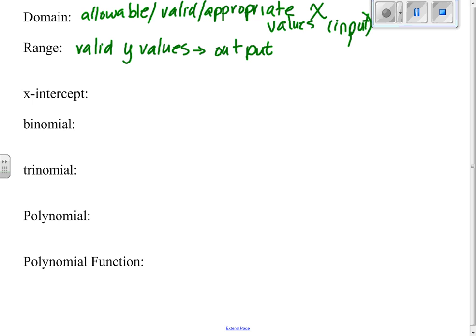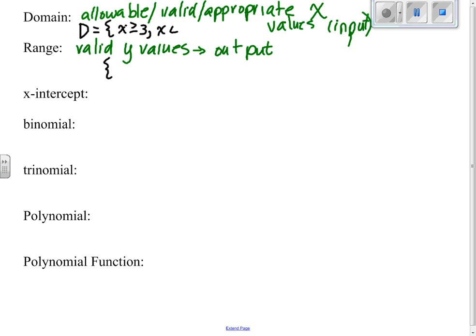We usually write domain and range as a set, so it would be in curly brackets. Same with the range. We often write domain equals, and we would indicate what were allowable values for X. For instance, a domain could be X has to be greater than or equal to 3, but it's not just dots, it's a solid continuous function.